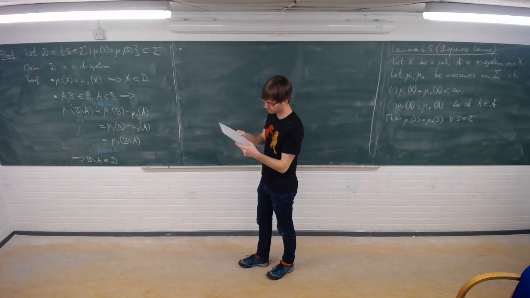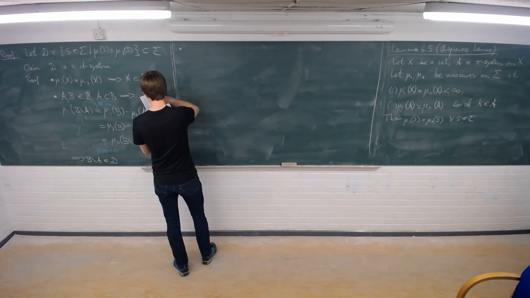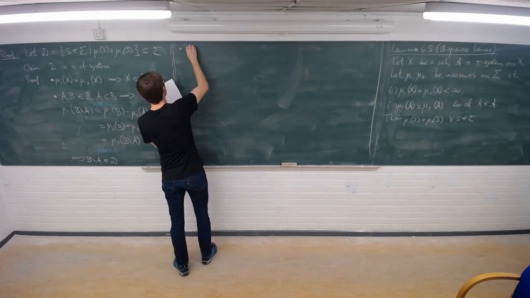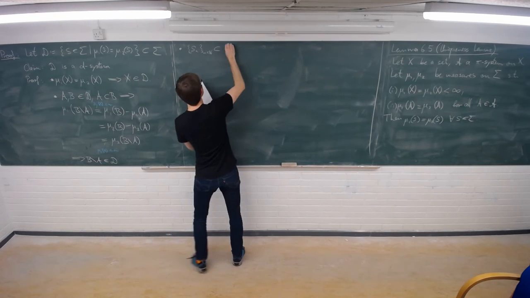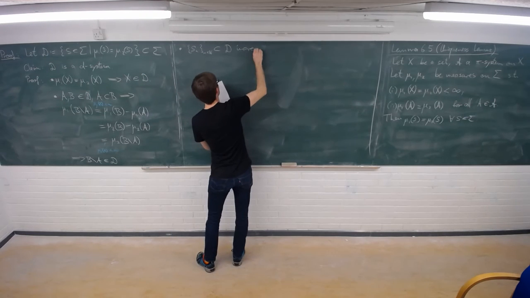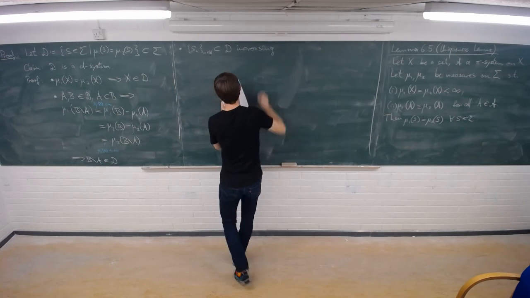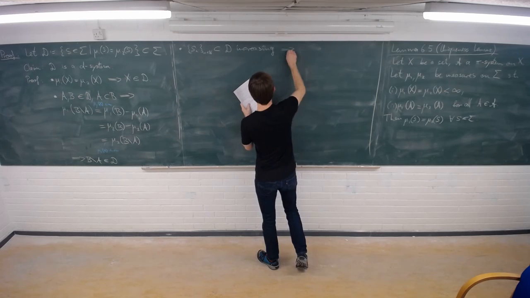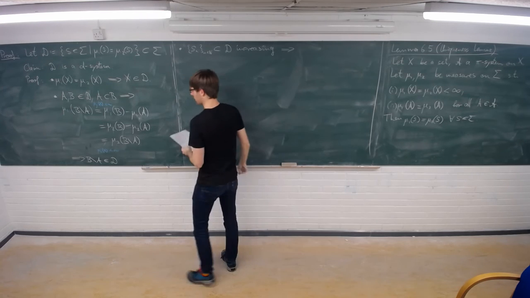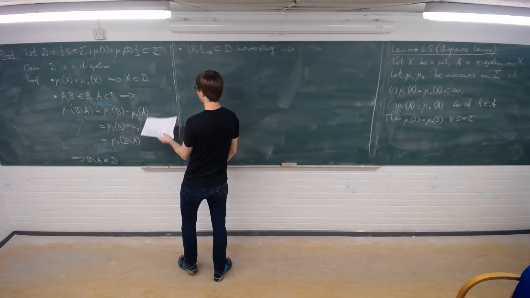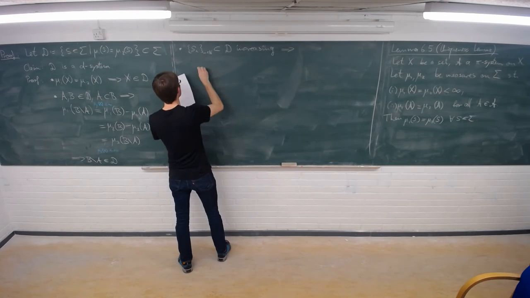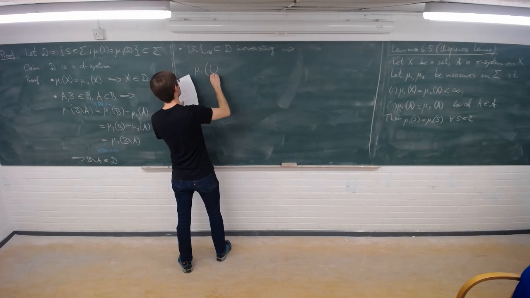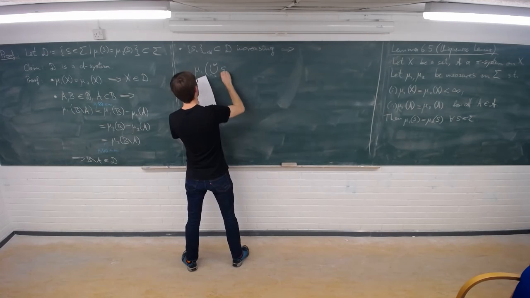The third property we have to check is if we take an increasing sequence Sn in D, then we have to compare mu1 and mu2 on the union of all the Sn. So mu1 of the union n equals 1 to infinity Sn.